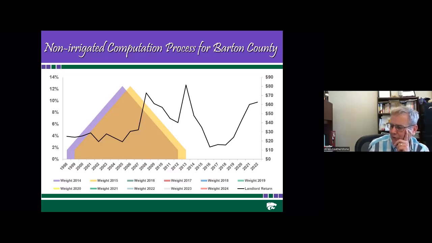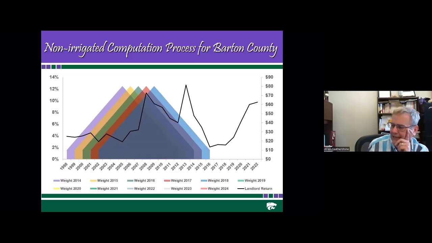And so for 2015, we got the huge income of 2013 that was coming in. As we go through this, you can begin to look at when the peak weight is and the numbers that are rotating in and rotating off. In 2016, we have a little bit of the really low income years begin to come in.